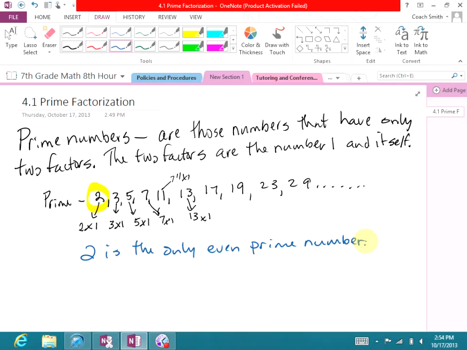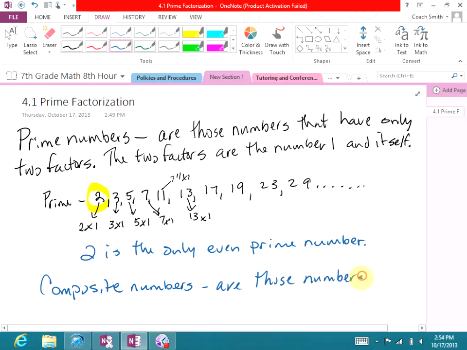All right, so let's think about composite numbers. Composite numbers are those numbers that have more than 2 factors.